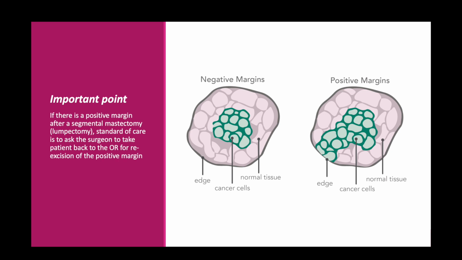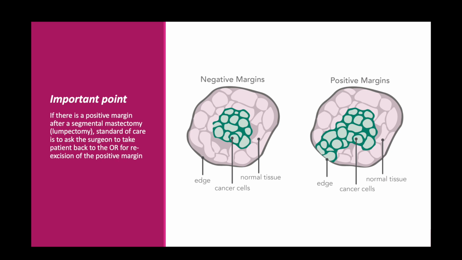So the standard is to ask the surgeon to take the patient back to the operating room for re-excision of the positive margin. And what you'll learn is that if that margin keeps coming back positive, then that's actually a contraindication to a segmental mastectomy, and that patient might need to convert to a mastectomy.